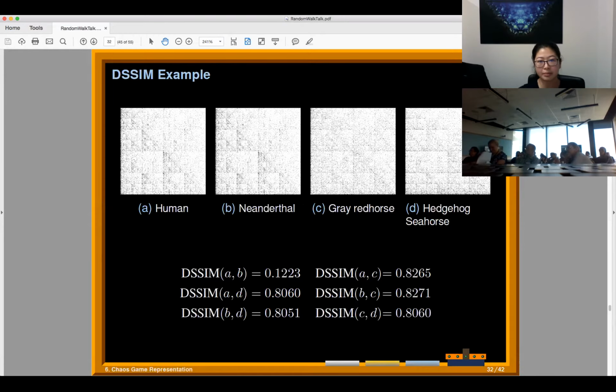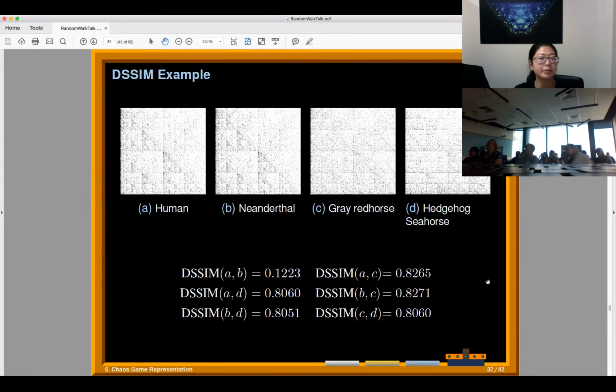So going back to our 4 species, we can calculate our dissimilarity index. And here are some numbers. I'm not going to go through any of them. I just want to point out that the dissimilarity index for A and B, which represents human and Neanderthal, is very low, whereas everything else is pretty close to 1, or very high, meaning that they are very different from one another.